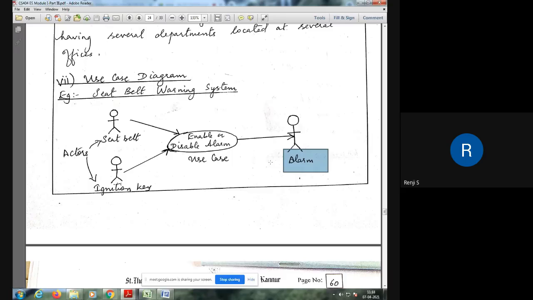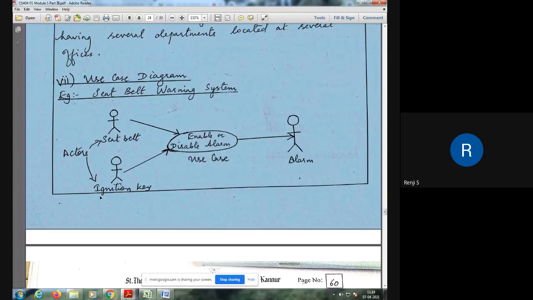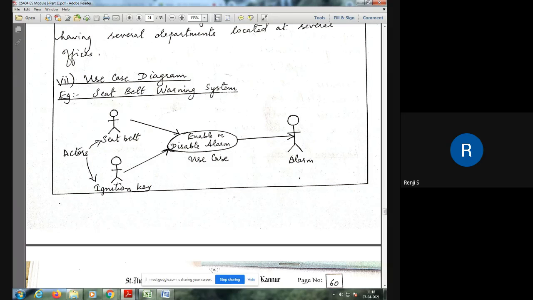Once the ignition key is on and if the seat belt is not activated, then the alarm will start and it will beep for some time, and then if the seat belt is put on, then the alarm will stop, or if the ignition key is off, again the alarm will go off. So that system is summarized as a single use case. A use case represents a single scenario, that is enabling or disabling alarm is the use case which is represented here. And the inputs are from the seat belt and the ignition key, and the output goes to the alarm.